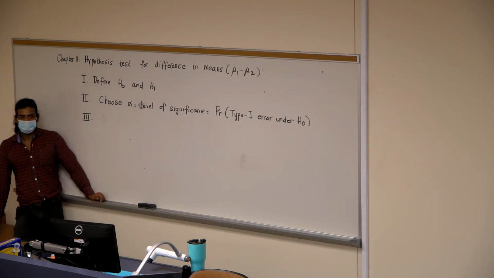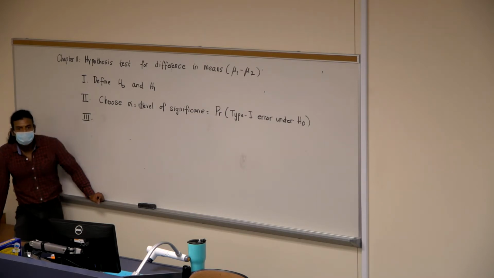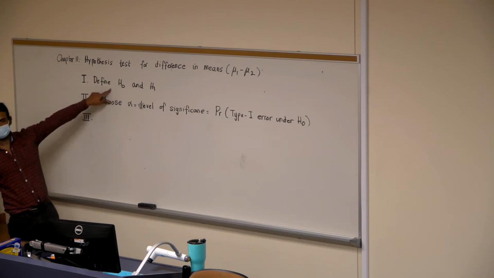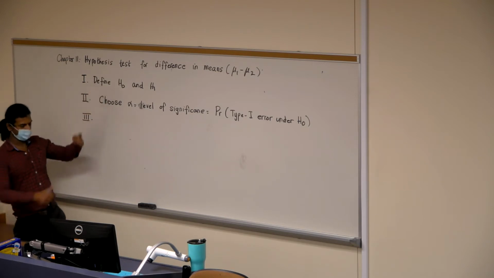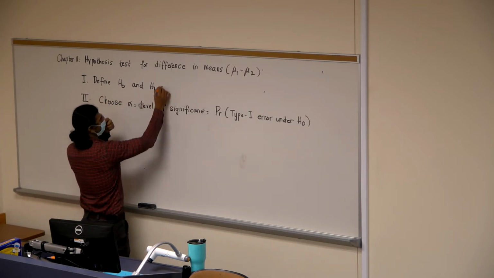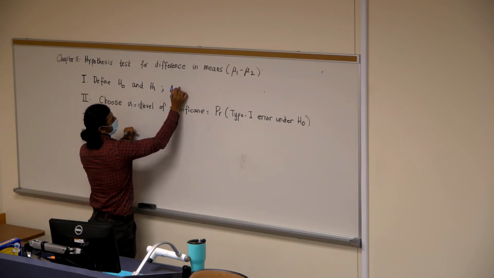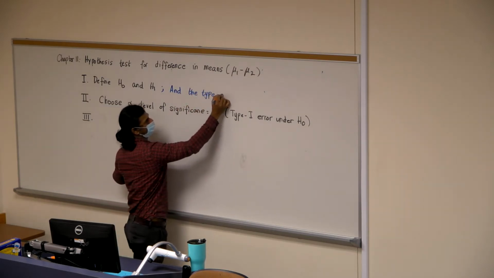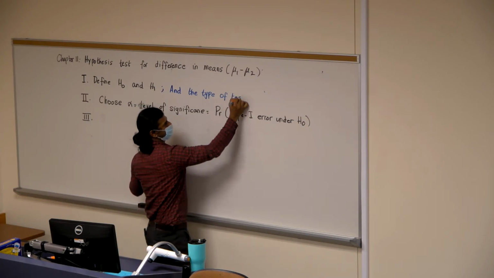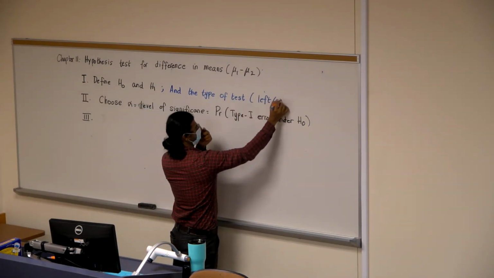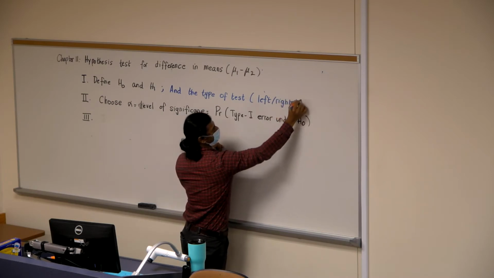What is our typical third step? Test type. The test type. We can identify that over there, right? But perhaps I should write that. Define H0, H1, and the type of test, which should be left, right, or two-tailed.